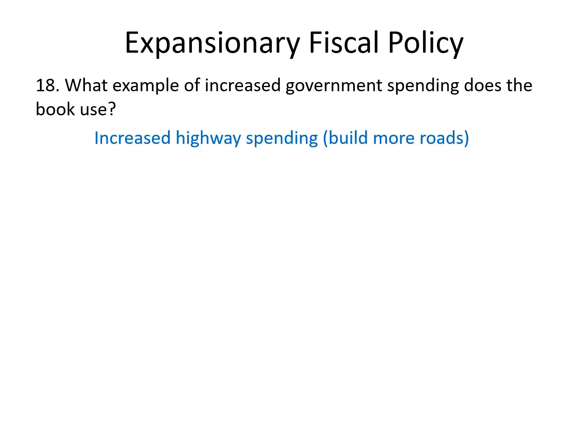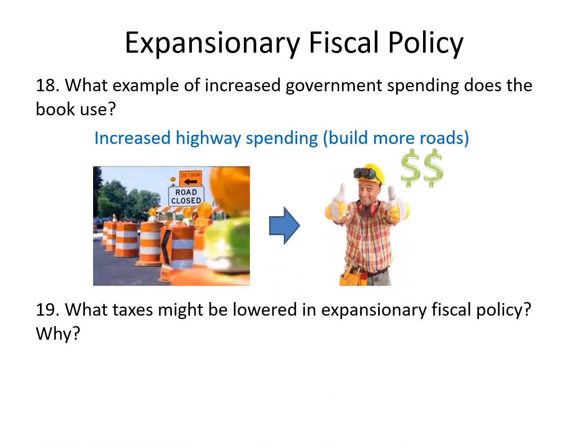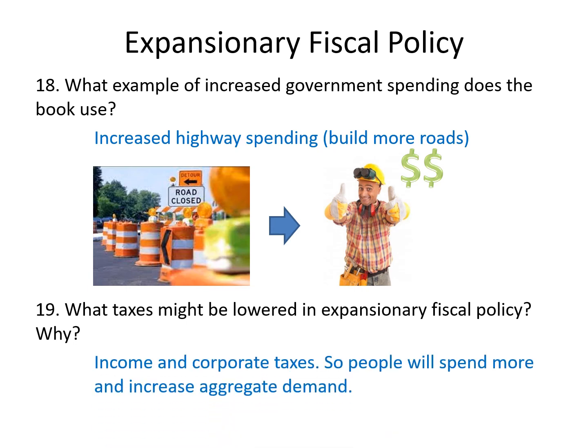So, examples of the government spending more money would be like increasing highway spending, so building more roads, maintaining bridges, things like that. Lowering taxes, so your income taxes might be lowered, or corporations might pay less taxes on their profits, corporate taxes, so they'll spend more money in the economy once again.